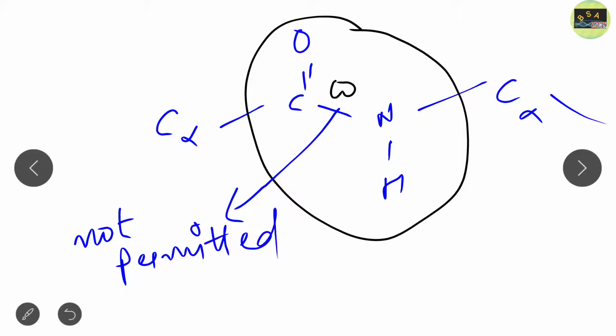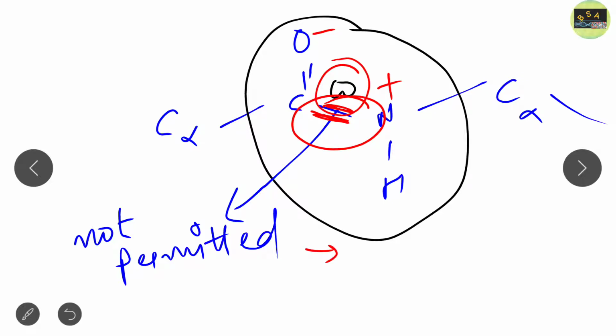Why? Due to the presence of partial double bond character. So here you can see this partial double bond character. This is a double bond. It becomes O minus and it becomes NH plus. Due to this partial double bond character, the rotation is not permitted along this omega angle.